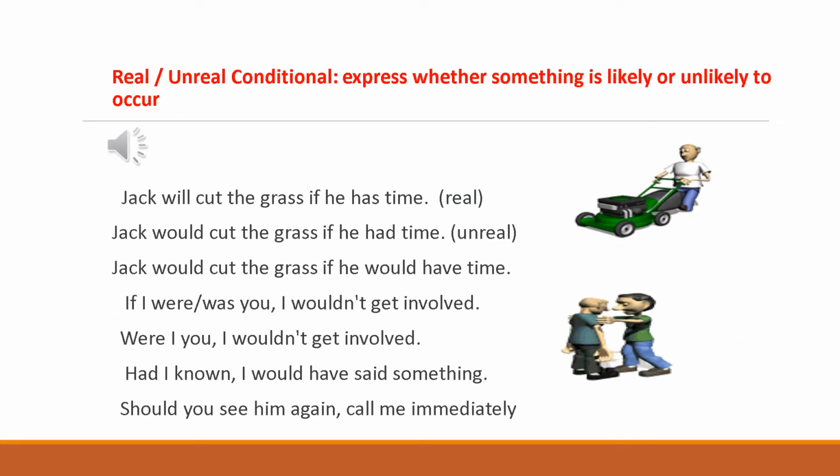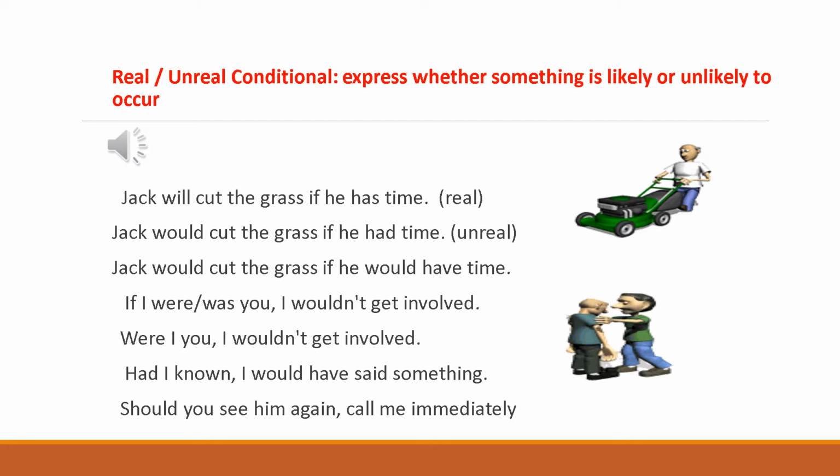Real and unreal conditionals express whether something is likely or unlikely to occur. For example, Jack will cut the grass if he has time. Real: Jack will cut the grass if he has time. Unreal: Jack will cut the grass if he would have time.